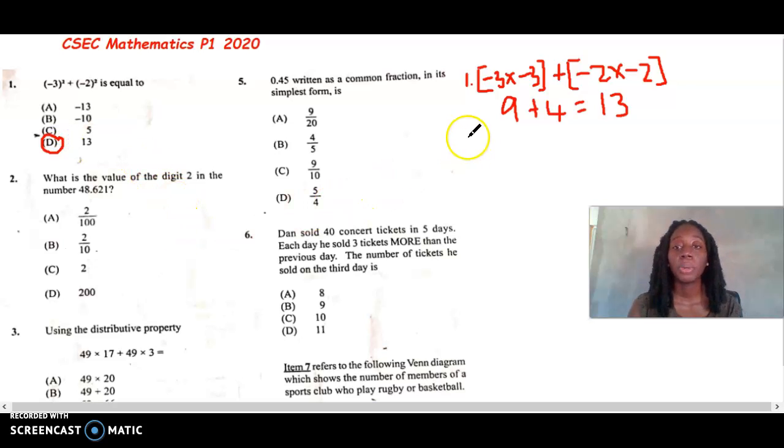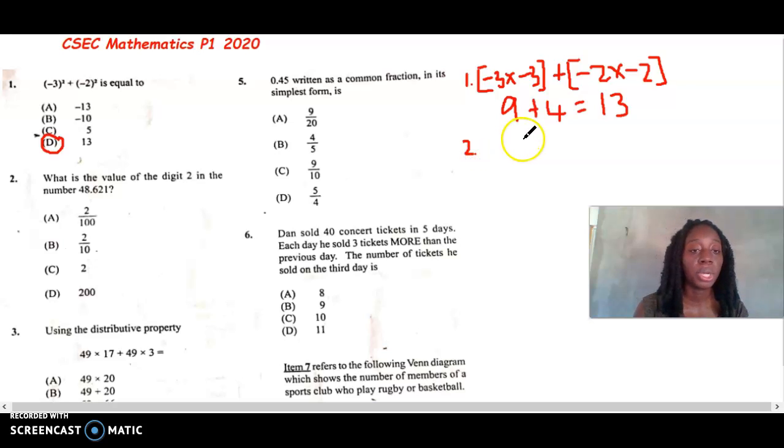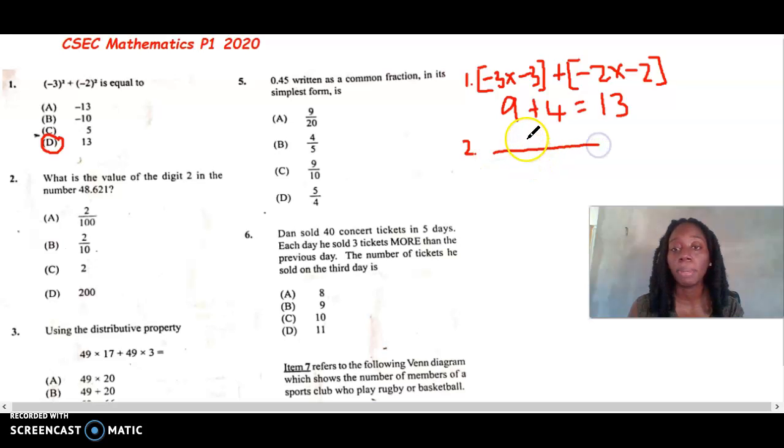All right, question 2. What is the value of the digit 2 in the number 48.621? We can simply recall the place value chart. I'm going to write O for ones and T for tens.